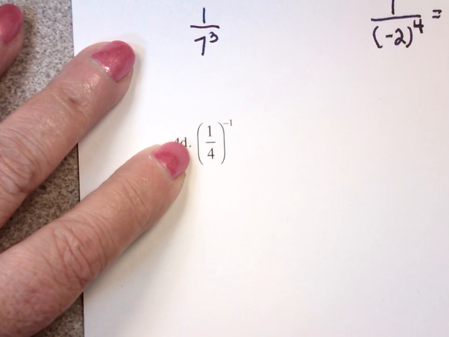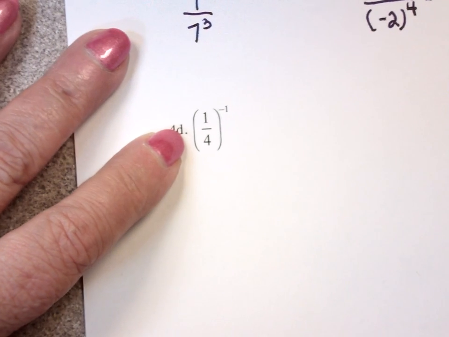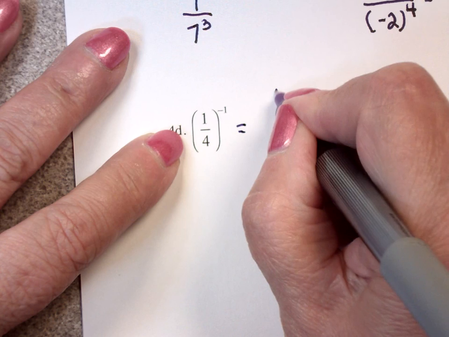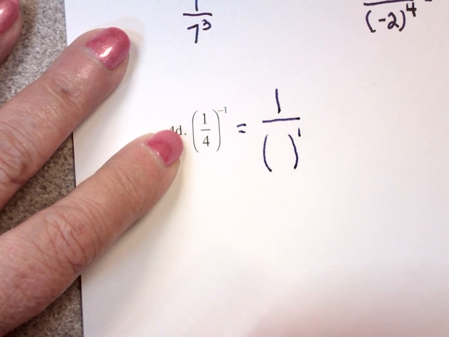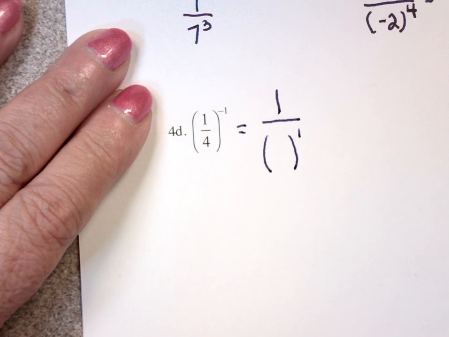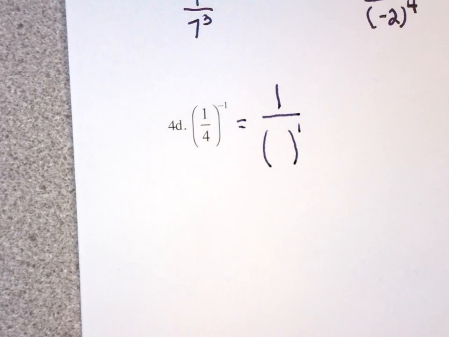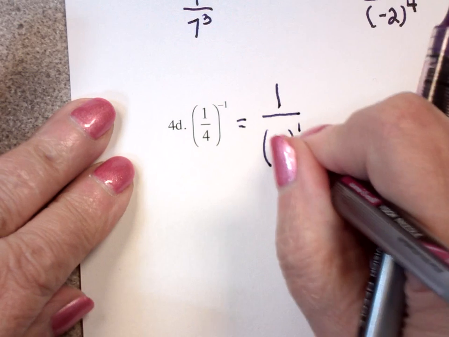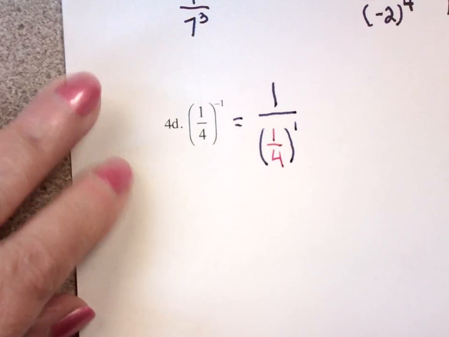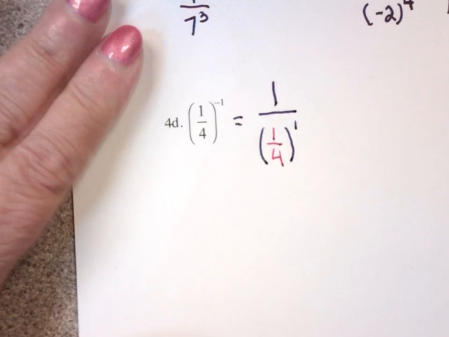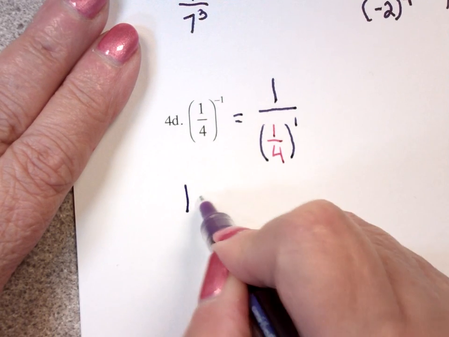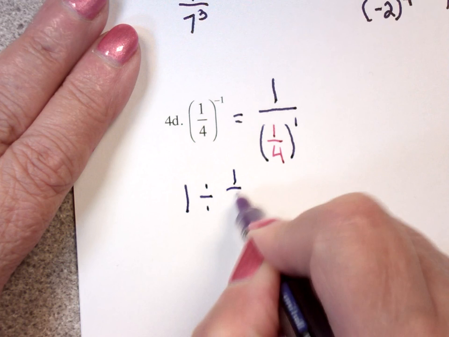This one's a mess. Well, what is this? This is 1 over parenthesis to the positive 1 power. But what's in that parenthesis is 1/4. So what this is really saying, it's 1 divided by 1/4.